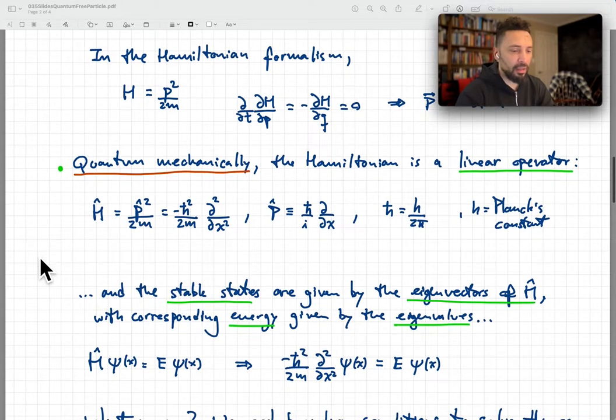Now, the idea in quantum mechanics is that the stable states of a system are given by the eigenvectors of the Hamiltonian. And the idea, once again, is that the Hamiltonian generates time translations. And so states that are stable, that don't change with time, must then be eigenvectors of the Hamiltonian, because when you apply the Hamiltonian to them, they don't change. So that's, by definition, what we mean by an eigenvector.